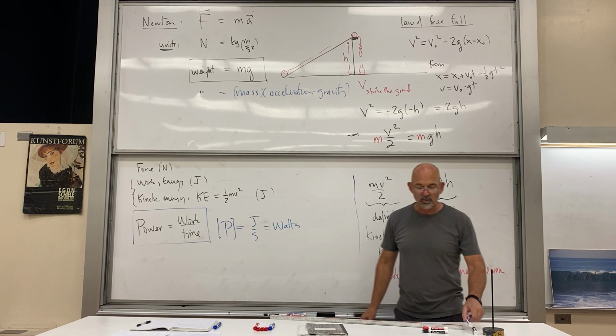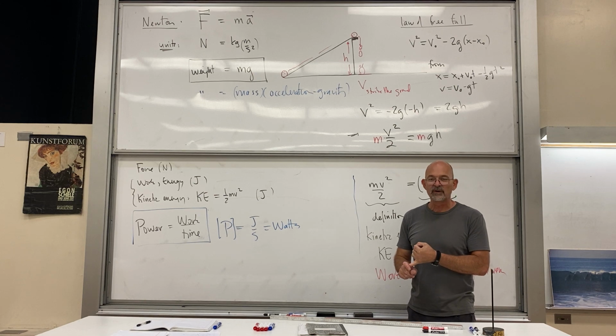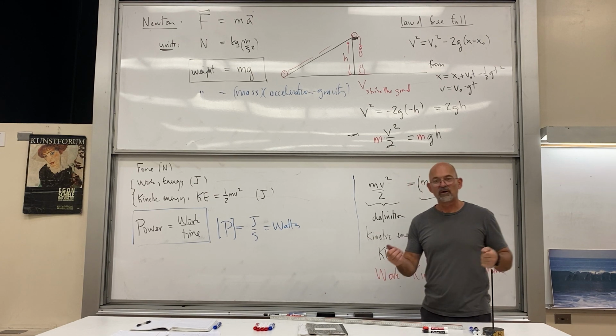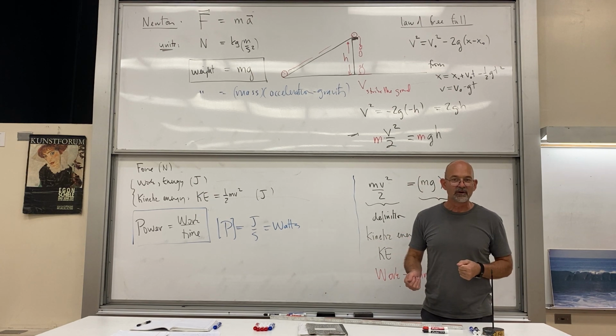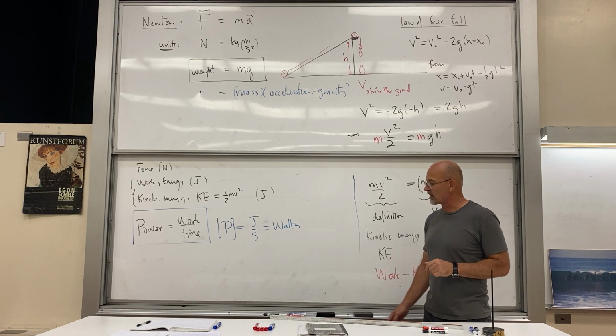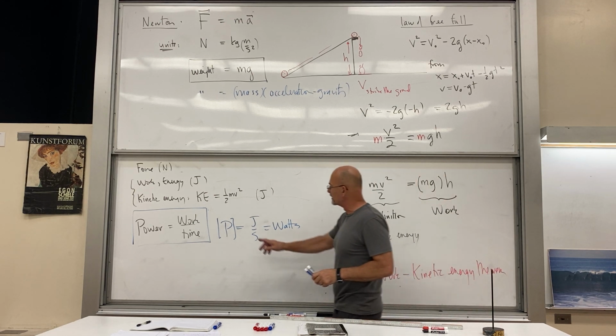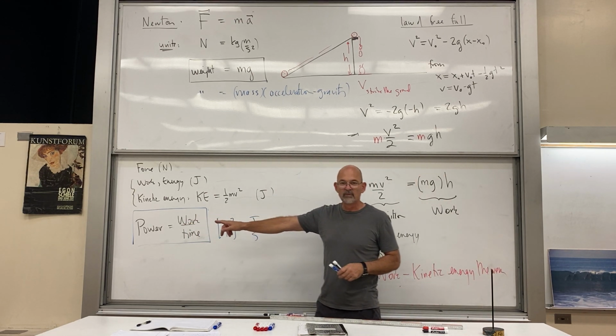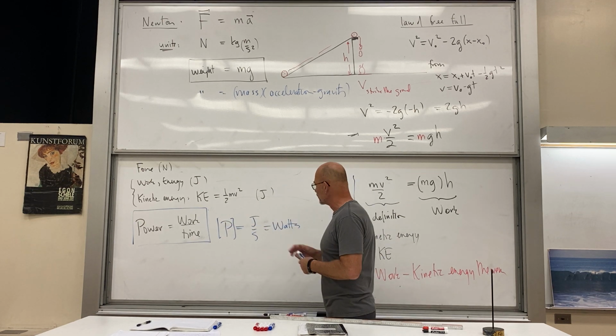Okay. And remember, we had the power of the grandfather clock. That was very tiny. We had the power of us running up the stairs. That was a bit bigger. And we had conceivably much more power, enormous values of power. So we've actually already calculated a bit of that. So you may want to review what we've learned about power in your notes.